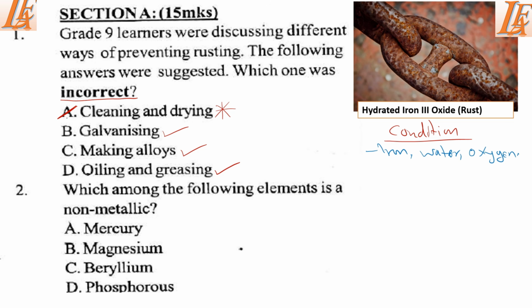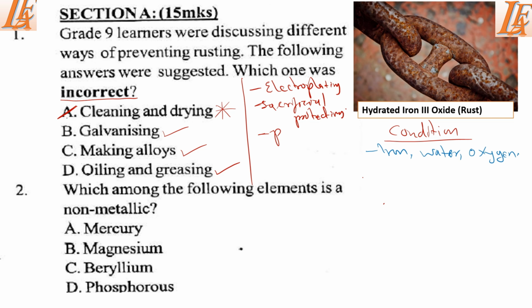Another thing that you should note is that we have other methods which we can use to prevent rusting, and one of them is electroplating. Another one is sacrificial protection. You can go and do research on the same.